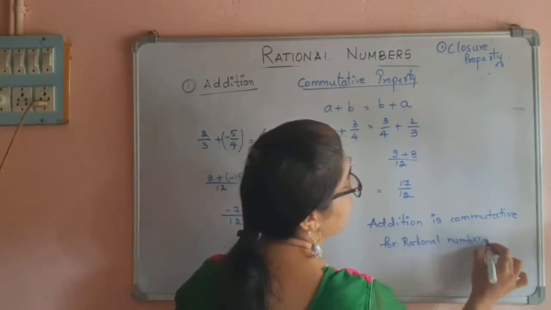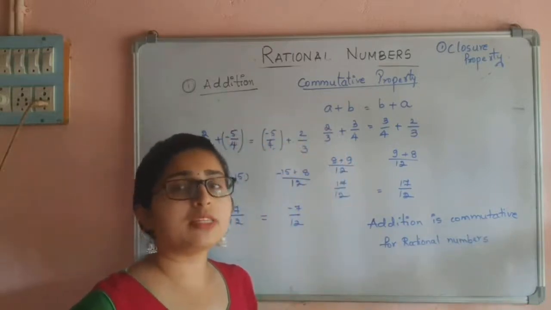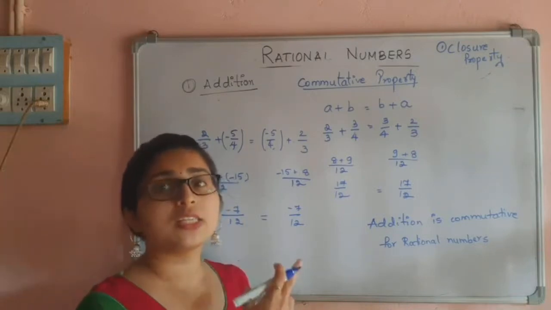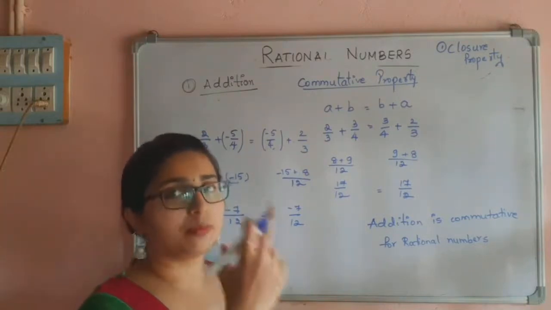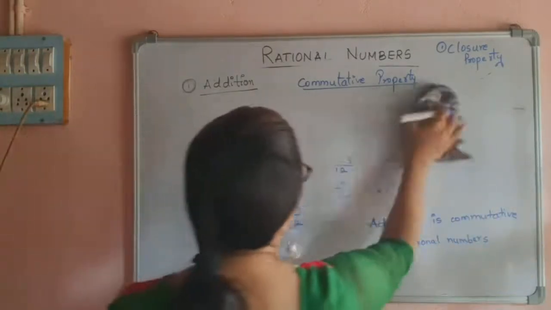And we have also seen that addition was commutative for whole numbers. It was also commutative for integers. Similarly, addition is commutative for rational numbers also. Now let us take associative property.